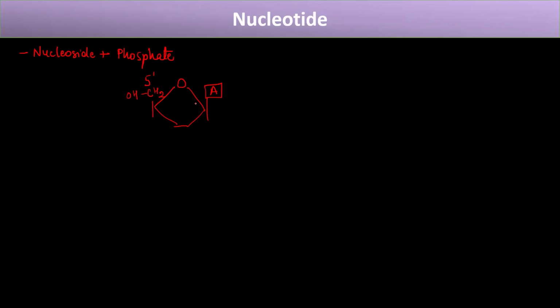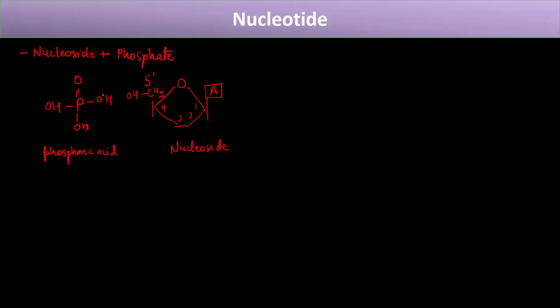Where can we add the phosphate group? The numbering is 1, 2, 3, 4, and this is 5. The phosphate group comes from phosphoric acid, like I said. It will have P, O, OH, OH, and OH. This is phosphoric acid, and this is a nucleoside.